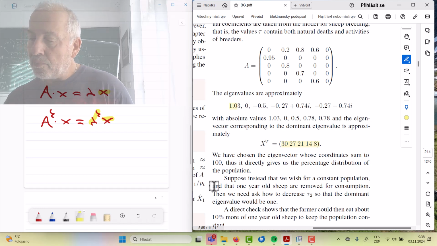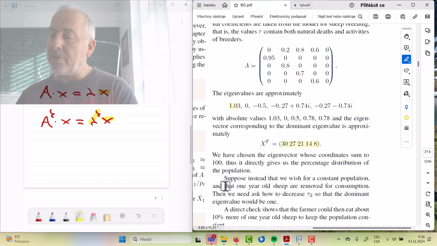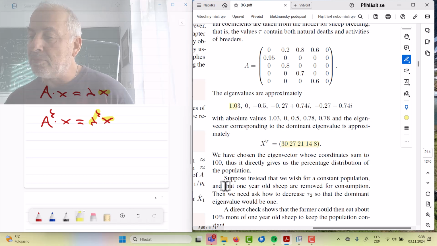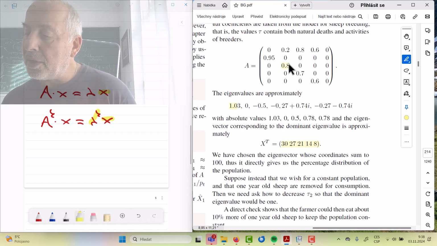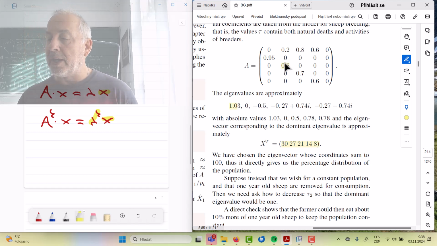Now the task could be, for example, and that would be a nice task for an exam, if we had written exams: tell how to decrease tau 2, this one, so that the dominant eigenvalue would be 1.